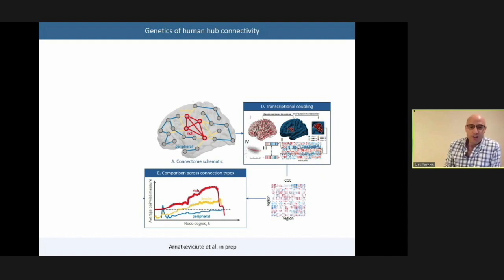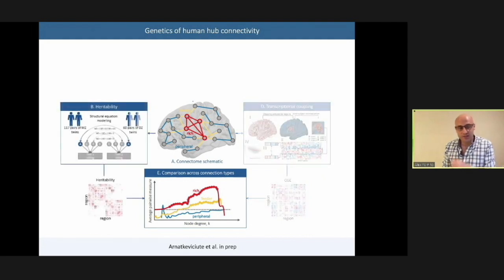So to get a bit more traction on this, we can do some additional analyses in the human. We have done a classic heritability analysis using data from the Connectome project. In this case, we fit a structural equation model at each connection in the brain. So over 12,000 connections, depending on the parcellation, but we replicate this using different parcellations.